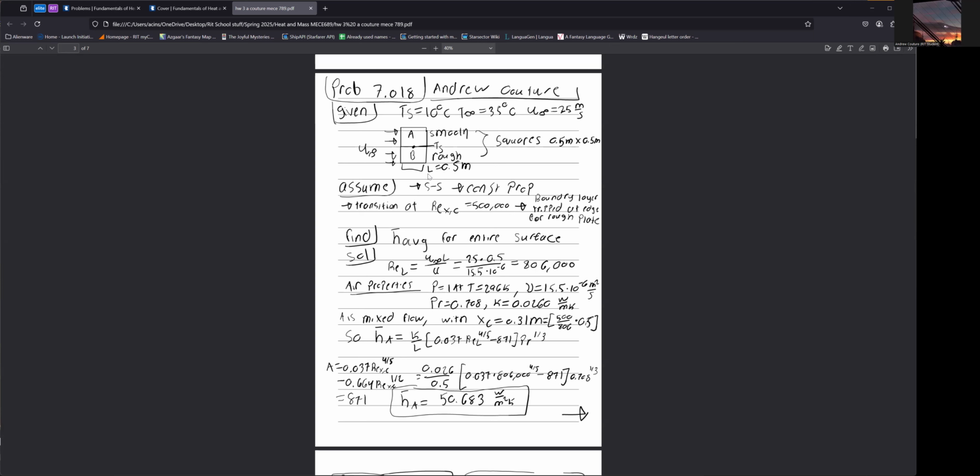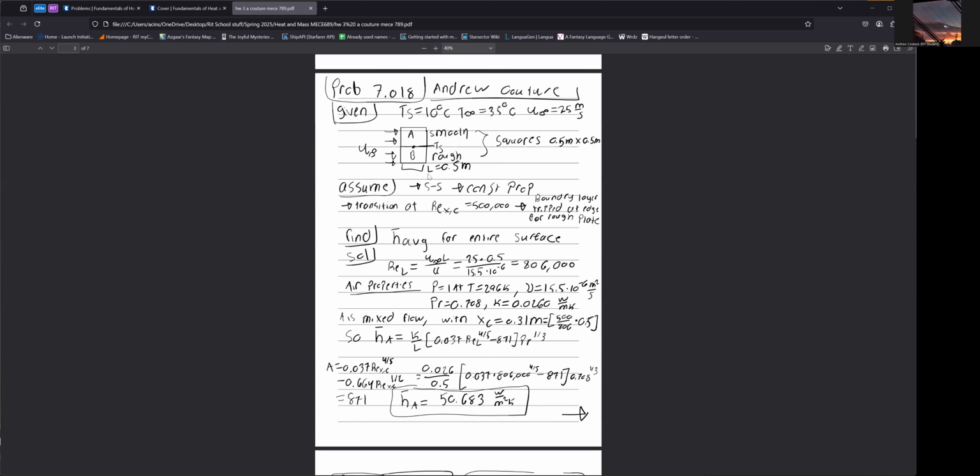So what we need to do is determine the Reynolds number, particularly for the smooth surface, to determine if it is a mixed case, and we have to use the mixed heat transfer coefficient calculations.